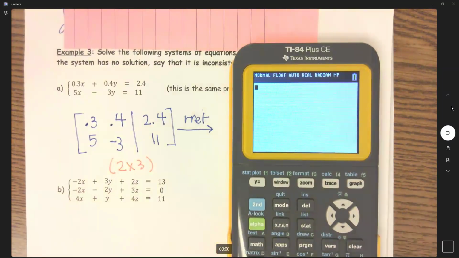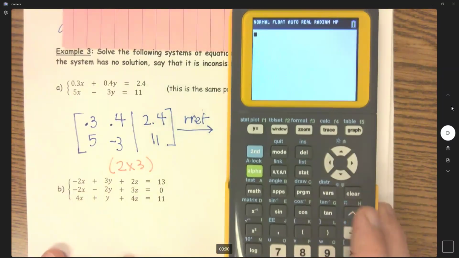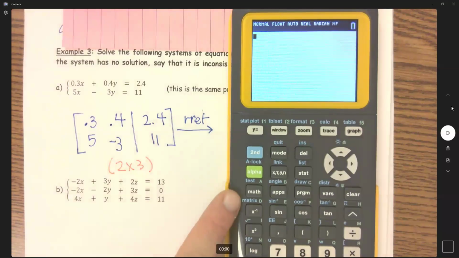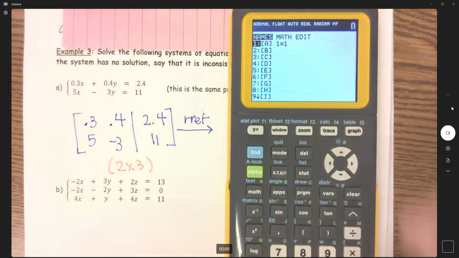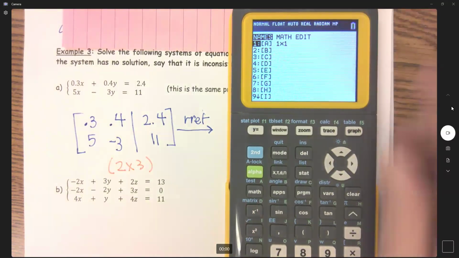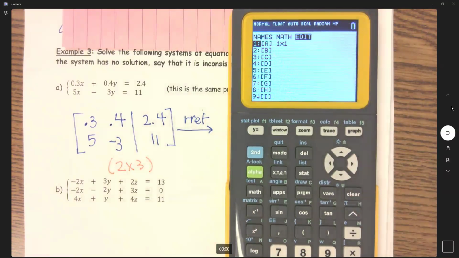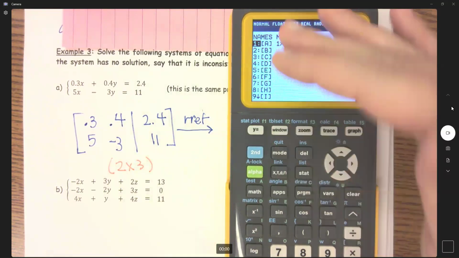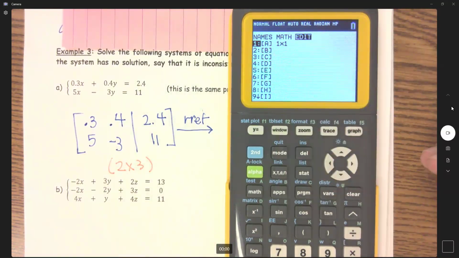Okay, so let's turn on the calculator. And first, where I need to go is matrix right here. So I'm going to hit second x to the -1. And I need to come over here to edit. I need to enter in this augmented matrix. So I'm going to go to edit. Now, you have multiple matrices that you can store this into.